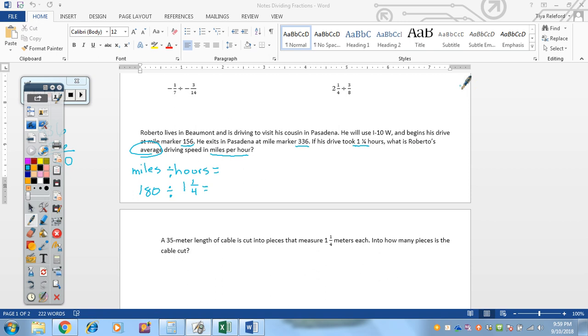Turn it into improper fractions. I'm going to rewrite everything over here. And then you're going to keep, change, flip.